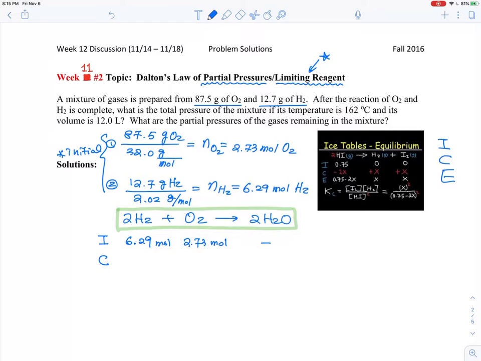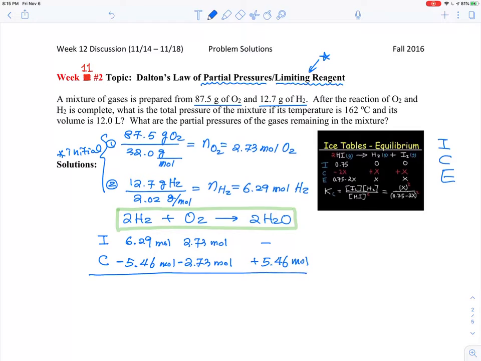Think about it. If you use 2.73 moles of oxygen, that's 2 times 2.73, which is 5.46 moles of hydrogen, and therefore you'll also generate 5.46 moles of water. So you're going to consume that.